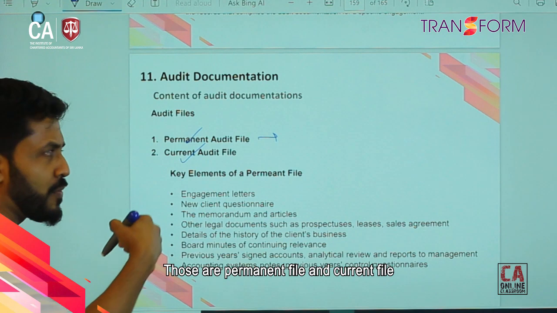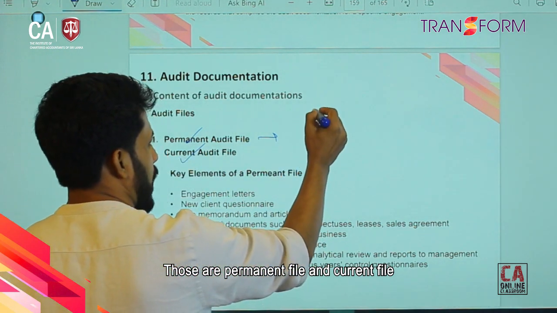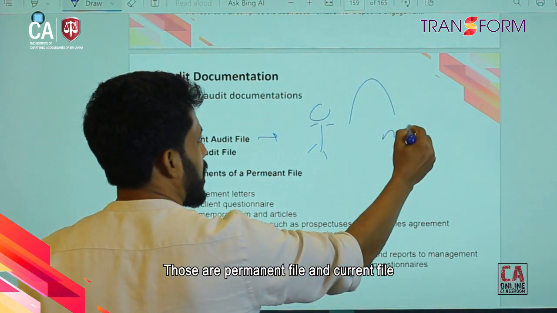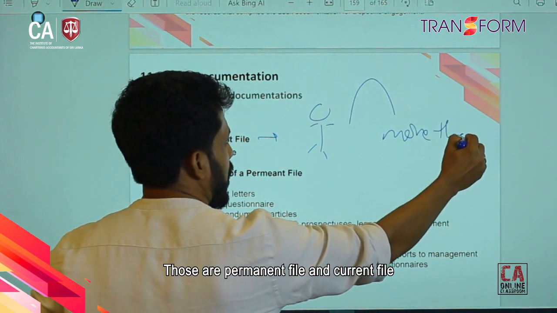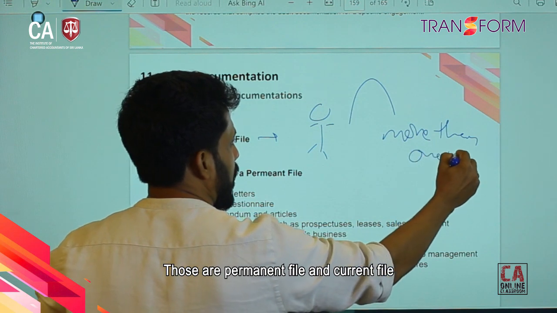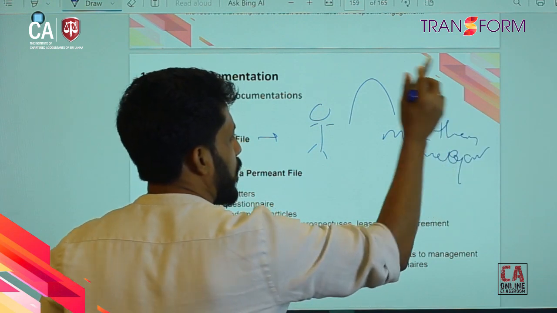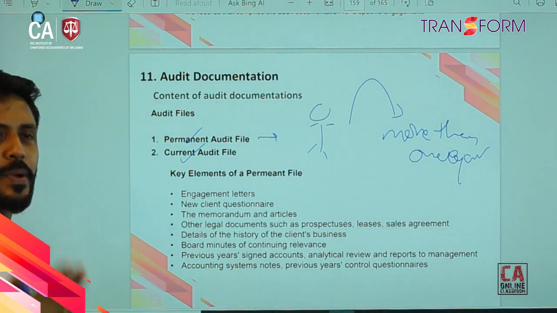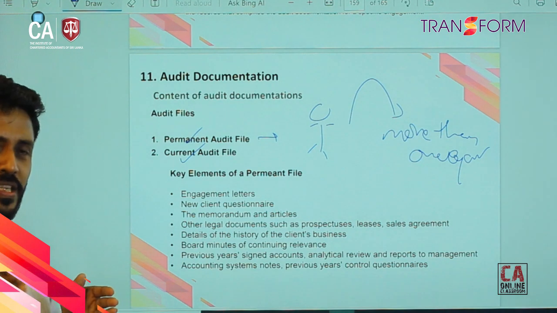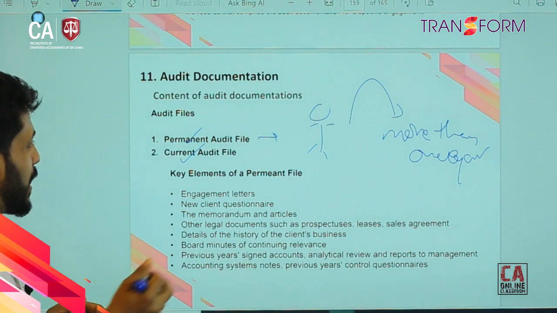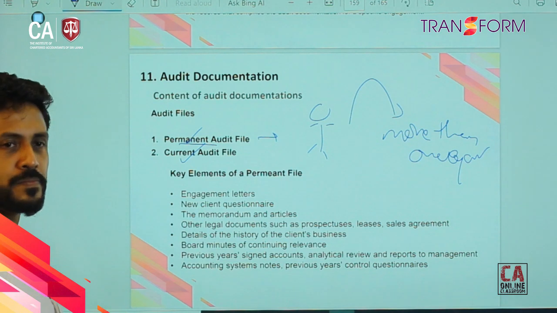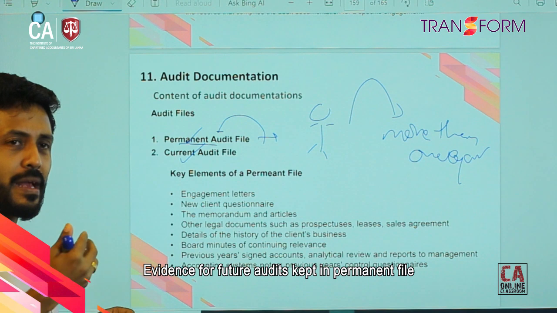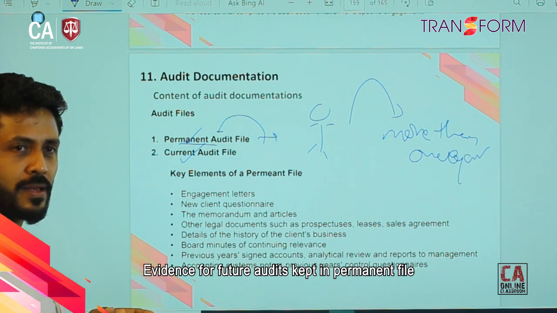If you are giving an external audit service for more than one year, for the future we keep a permanent file. Whatever documents we put into this file can be used for future audits.